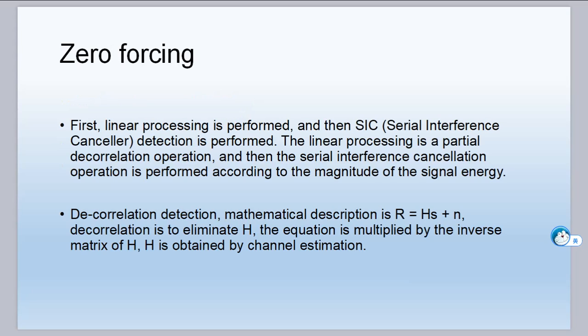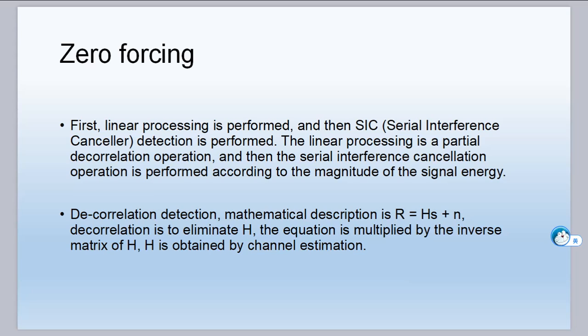So the next thing is the zero forcing detector. I use the zero forcing detector. We will use linear processing, and also serial interference cancellation and decorrelation detection. The linear processing is a partial decorrelation operation, and the SIC is performed according to the magnitude of the signal energy.